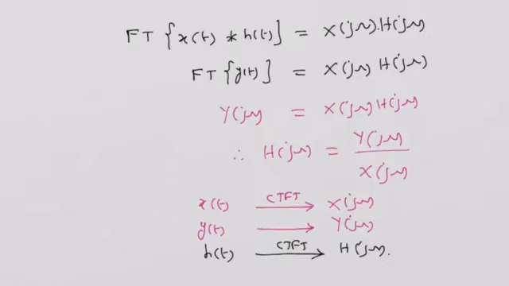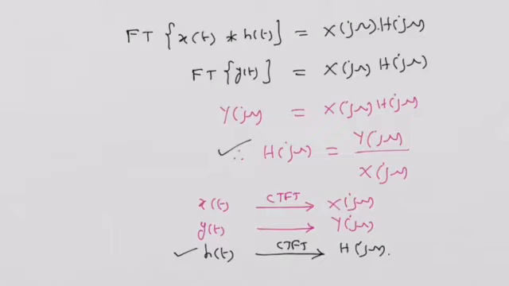How many different methods through which you can obtain H of j omega? By taking the Fourier transform ratio, or by applying Fourier transform on impulse response, you can generate H of j omega. So transfer function in frequency domain is simply the Fourier transform of the impulse response.